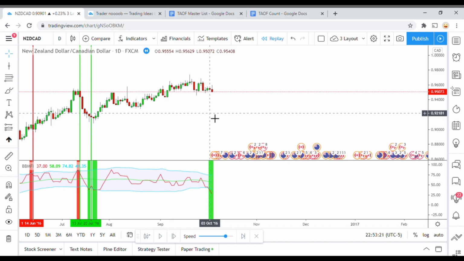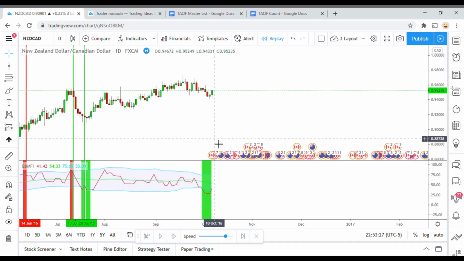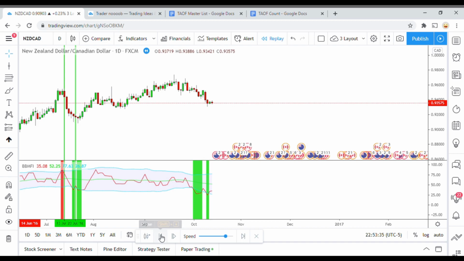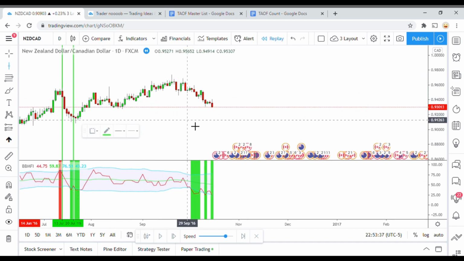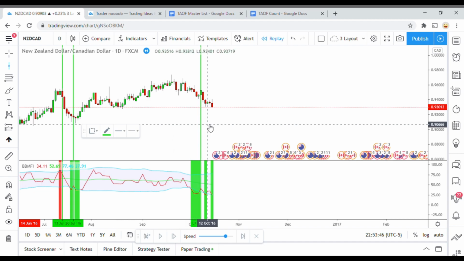So it's given us a long signal, 1, 2, let's play it out here, 3, 4, and finally closes that bar right there, and almost immediately gets itself stopped out, and we pick up another long signal right there.